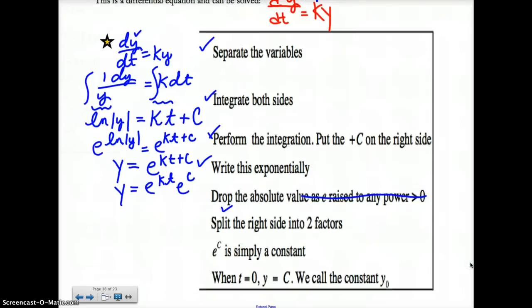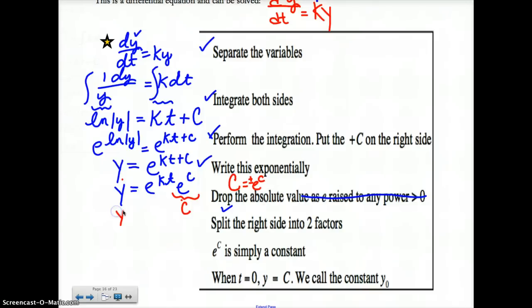So remember, we have been calling this some constant, and this is where I like the explanation for getting rid of the absolute value. If we can define that new constant as plus or minus e to the c, then we're able to drop the absolute value, and I think it makes more sense why it can drop then. So we just have some other constant here that's a plus or minus, allowing us to take the absolute value off on the left-hand side.